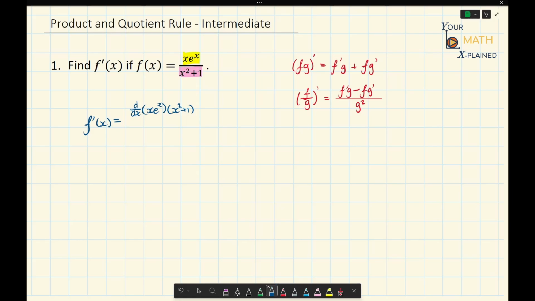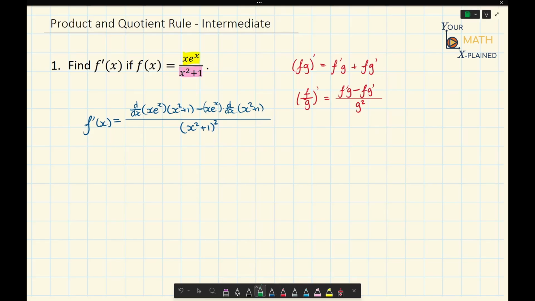And then we're going to subtract our numerator, multiplied by the derivative of our denominator, which is x squared plus 1. And then we're going to take that, and this is going to be over the denominator squared. So that's x squared plus 1 squared.